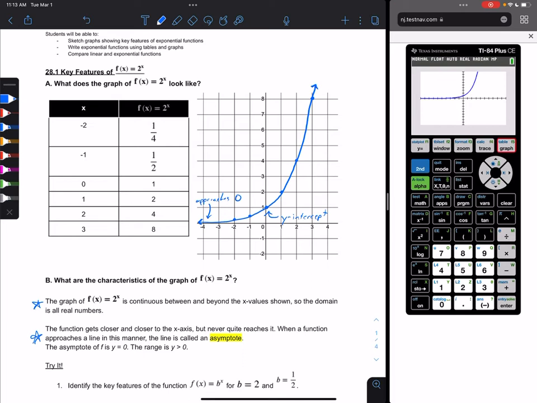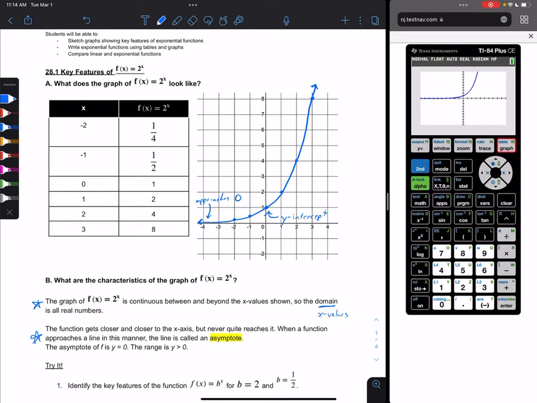Since the arrows continue going left and right, we have all the x values possible. So the domain, remember, domains are your x values, is all real numbers. You can plug in any real number for x and you'll be able to plot that on a graph. It might be really far to the right, close to infinity, but in practice you could plot any x value.